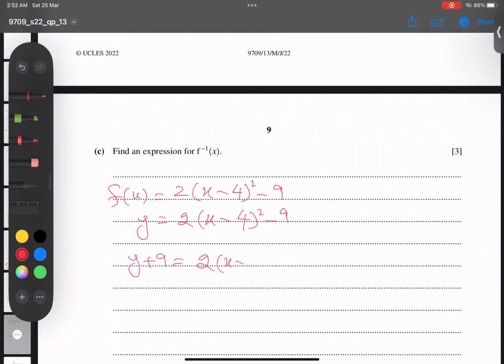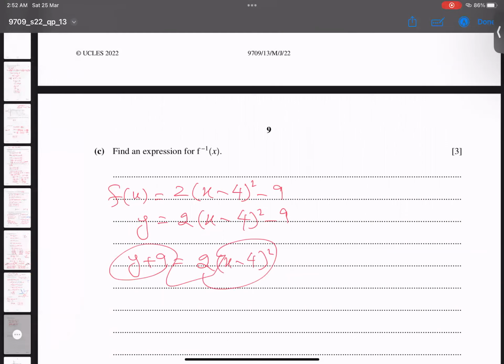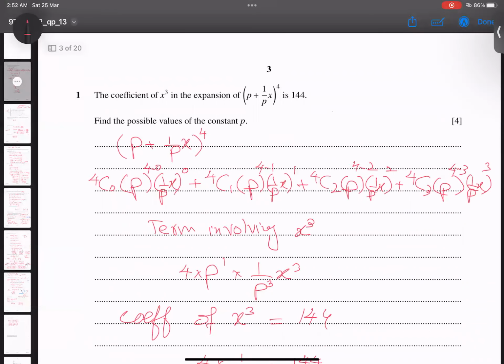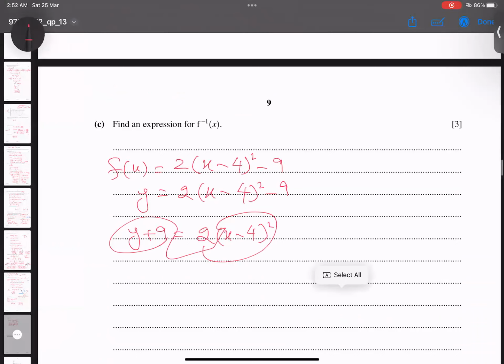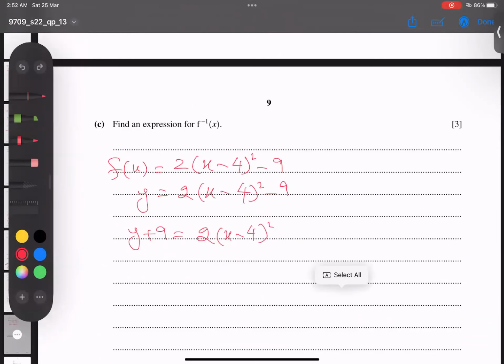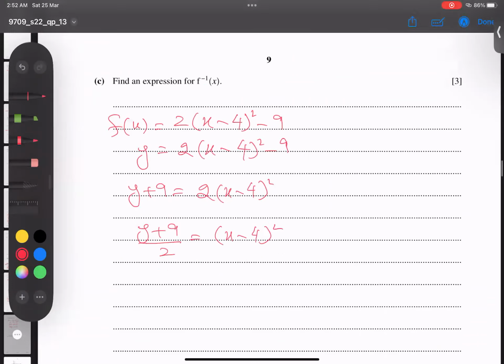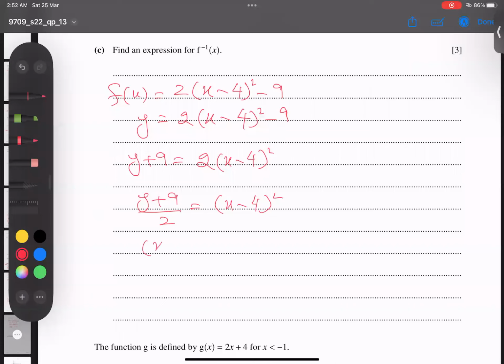And I think it's very obvious, this 2 is multiplying with that, so we will divide the left hand side. Wait a minute. So it means 2 will divide, and I get this form. Now I switch the sides. Switching the sides means (x minus 4) whole square comes to the left side.